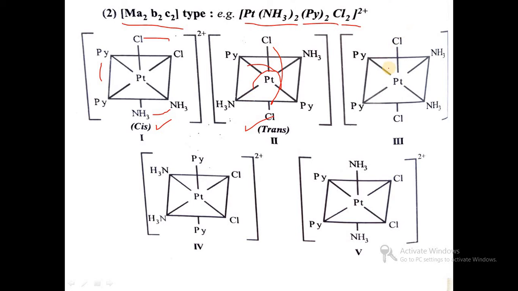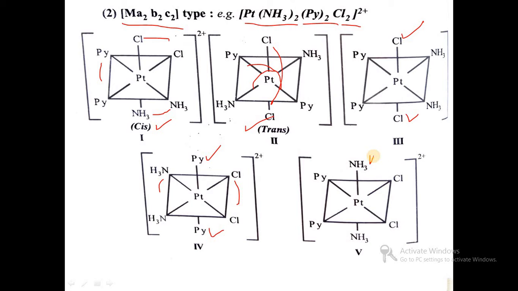So this is the arrangement. Similarly, we can replace the positions. Suppose we keep only chlorine opposite to each other, we get this type of isomerism. If we put pyridine opposite to each other, with the other groups adjacent to each other, this type of isomerism is also possible.